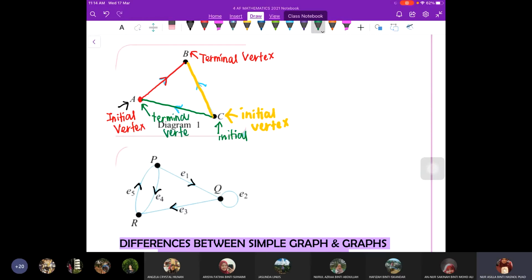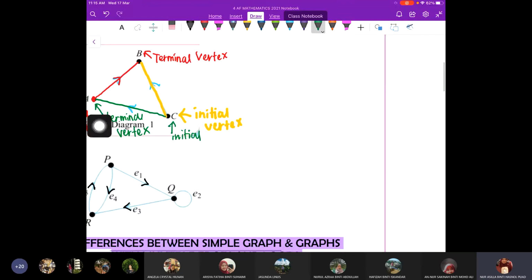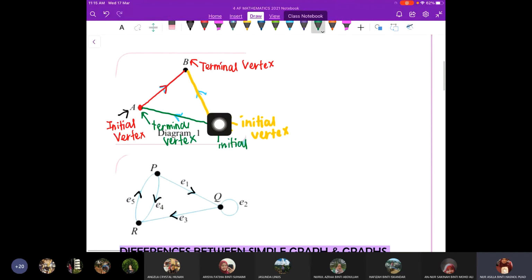Okay, so if you see di antara tiga ni so B will always be a terminal vertex sebab edges dia semua masuk dalam B ataupun dia pergi ke arah B. Okay, all edges dia semua ke arah dia. C will always be initial vertex kerana both edges dia direct outwards, so dia pergi keluar.